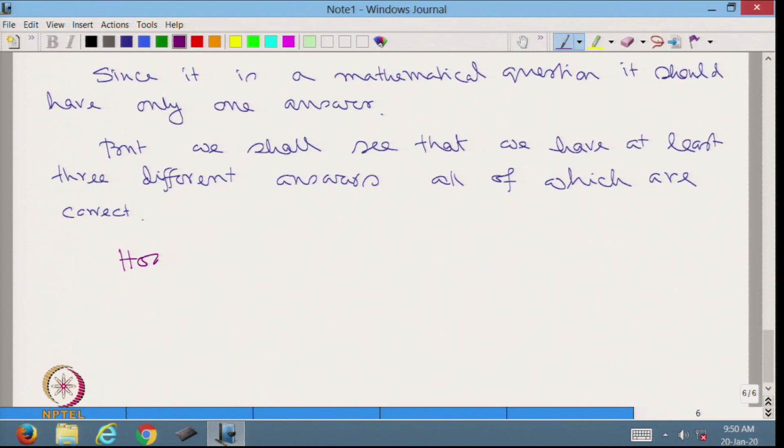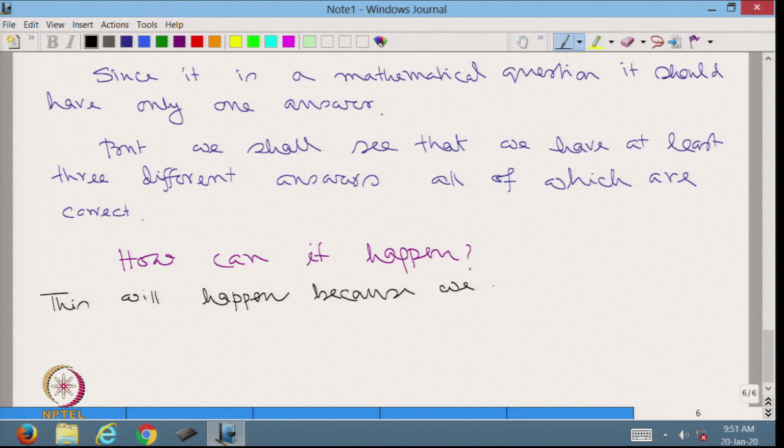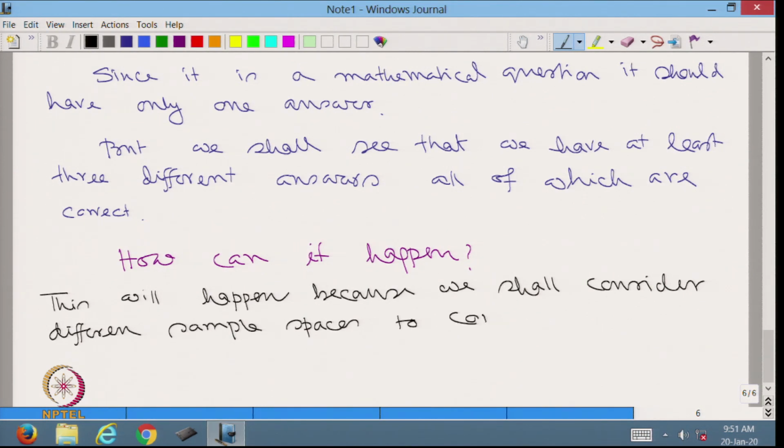How can it happen? This will happen because we shall consider different sample spaces to compute the probability. Hence, it is a paradox.